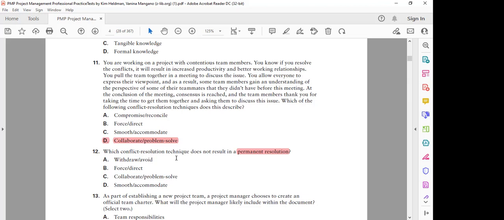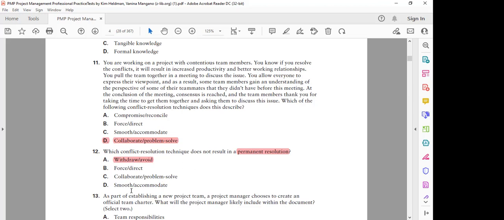What about Heather and Mohsin? No. It's withdraw or avoid. It does not result in a permanent resolution because you don't want to deal with the option. So for sure, it will not provide any resolution.